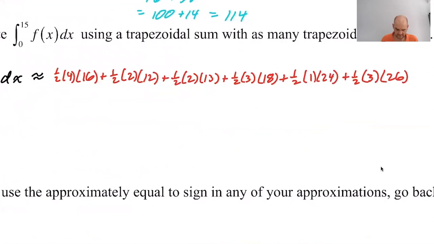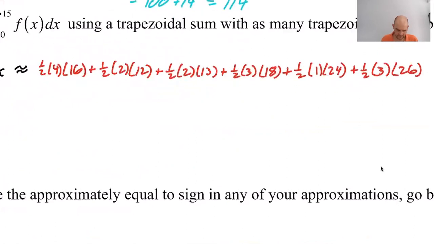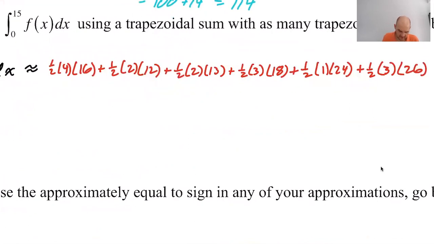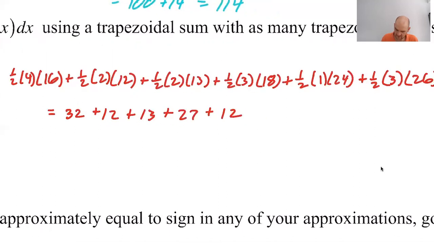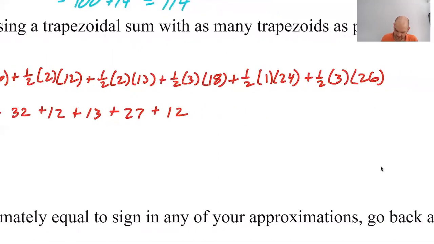All right, should we do it? I don't know. I mean, I guess we should. Let's see what kind of damage we can do on this. All right, I'm gonna do 32 plus 12 plus 13 plus 27 plus 12. So I'm looking for the evens so that I can cancel them.